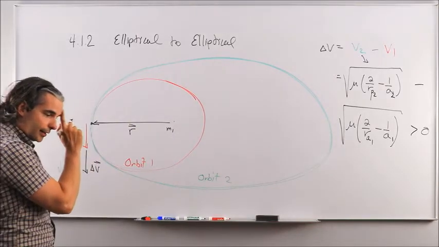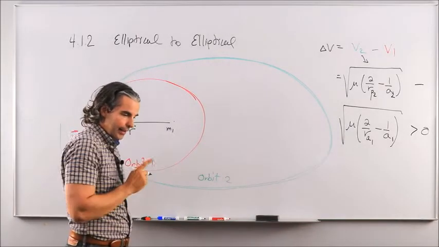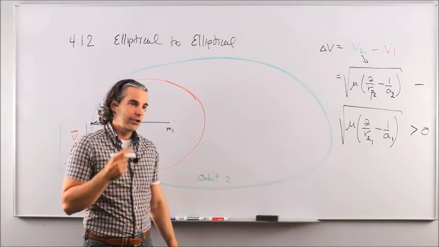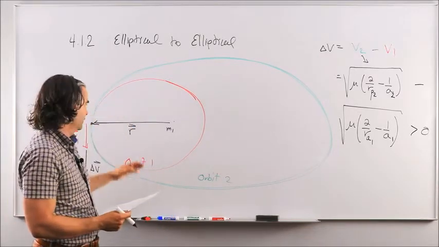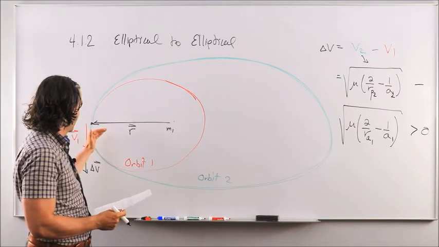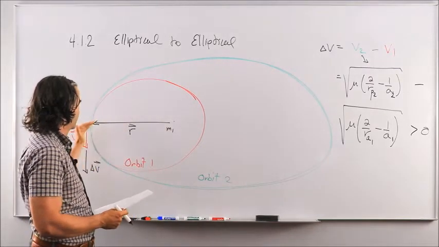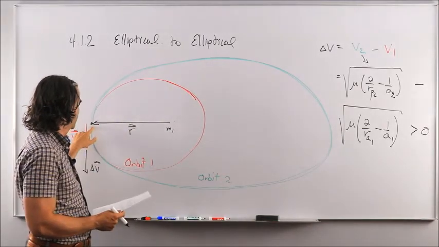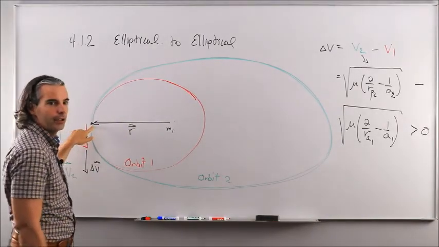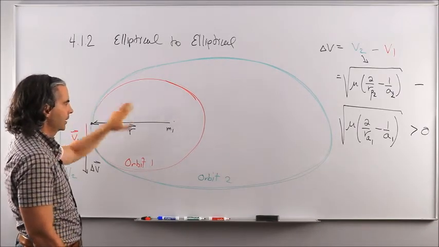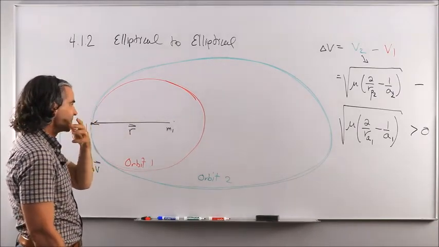But it turns out that in other situations, that's not good enough because here the tangential assumption and the impulsive assumption meant that both orbits were intersecting at one point, right? You see this point being common to both the initial and the final orbit. So that was the implication of all of our assumptions.